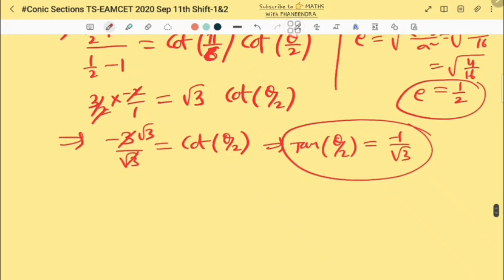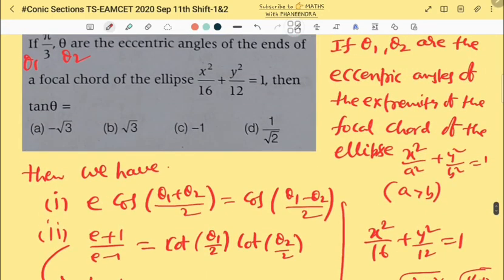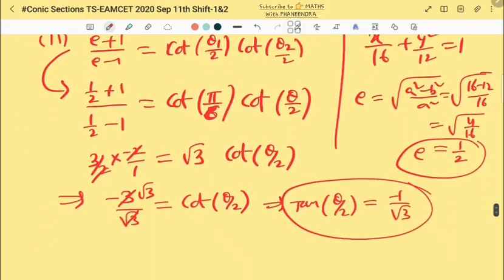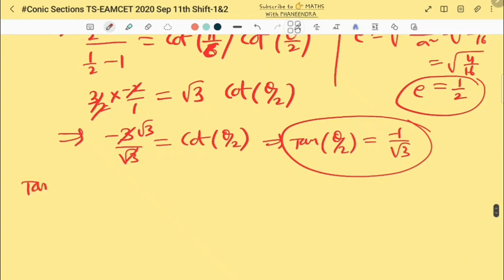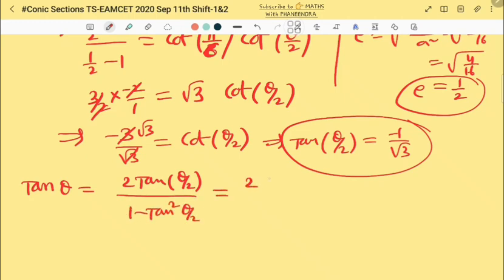After that, they are asking the tan theta value, dear students. Here the question is tan theta. So tan theta is equal to 2 tan theta by 2 by 1 minus tan square theta by 2. So 2 into minus 1 by root 3, by 1 minus 1 by 3, whole square, directly I am writing.